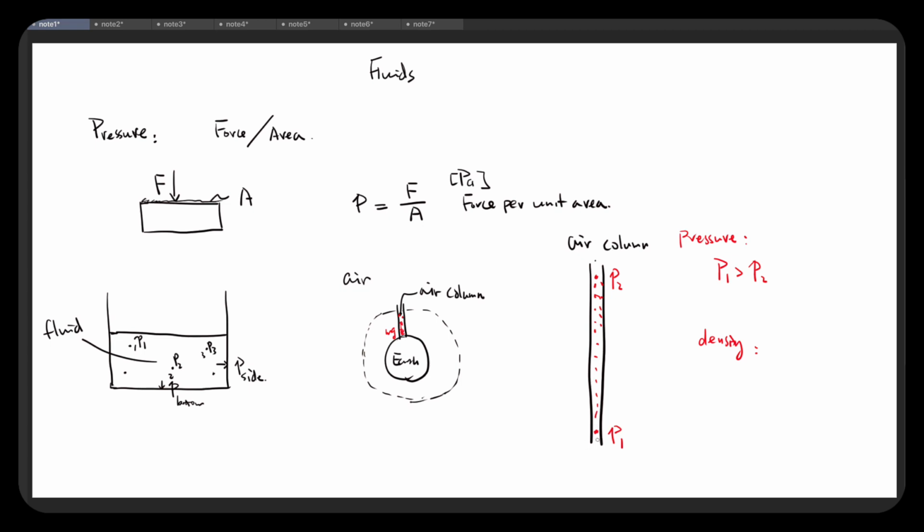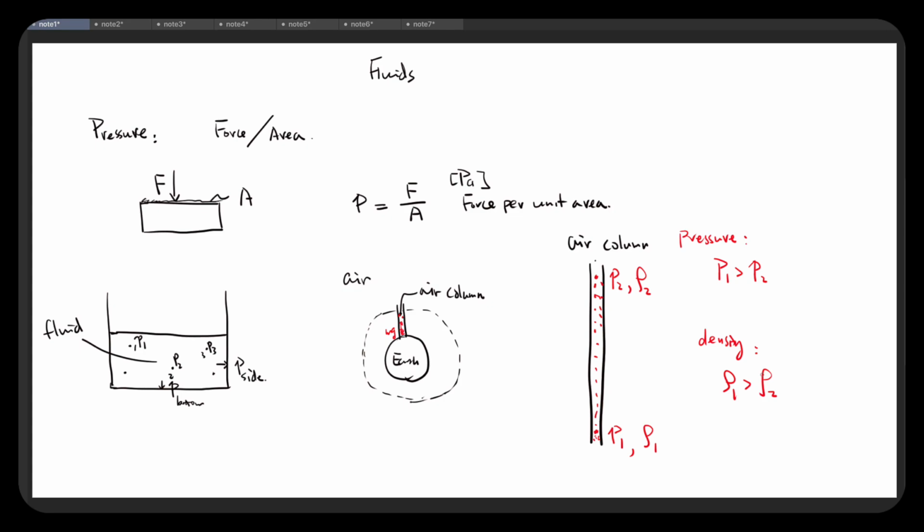So the lower we go, the higher the density. Let's call this rho 1, the density at the bottom, and rho 2, the density at the top. Then rho 1 is greater than rho 2. That's because the air particles are compressed more together at the bottom due to gravity.